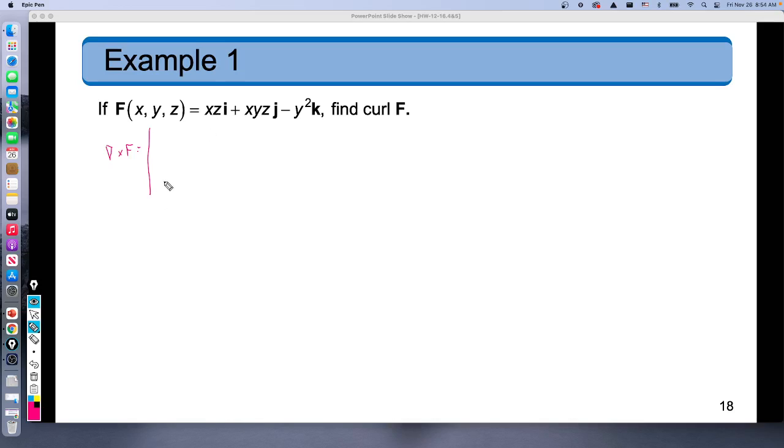So p is going to be xz, q is xyz, and r is minus y squared. Okay, and this will be the partial with respect to x. This is the partial with respect to y. This is the partial with respect to z. I guess i, j, k.